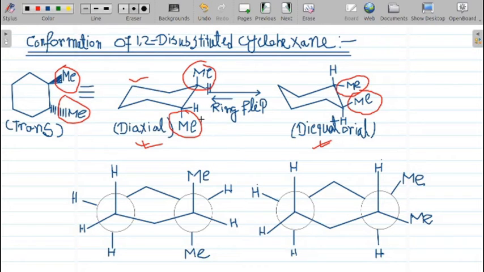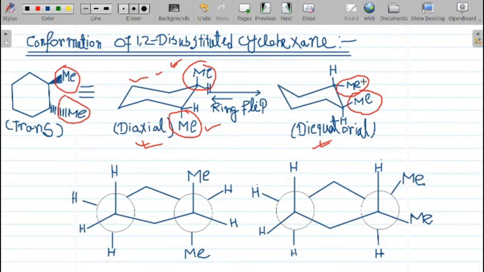So here you can see that this diaxial conformation will be less stable than this di-equatorial conformation, because 1,3 diaxial interaction is present for this methyl group, and 1,3 diaxial interaction is present for this methyl group. So there will be two 1,3 diaxial interactions present in this diaxial conformation.